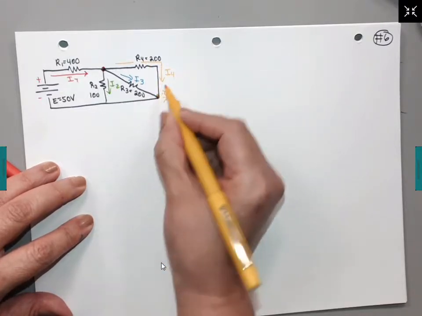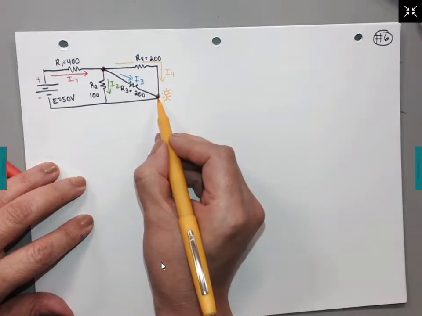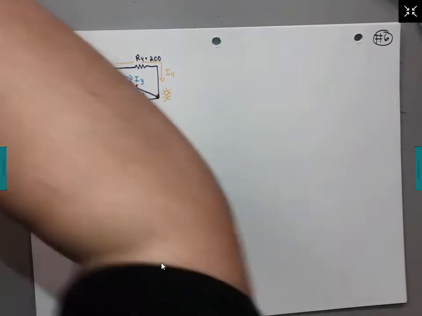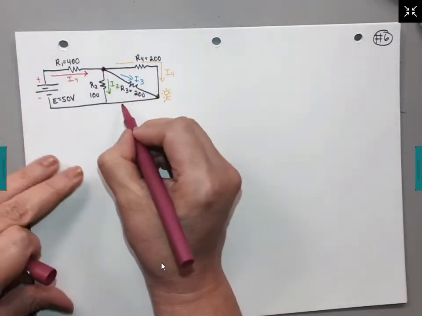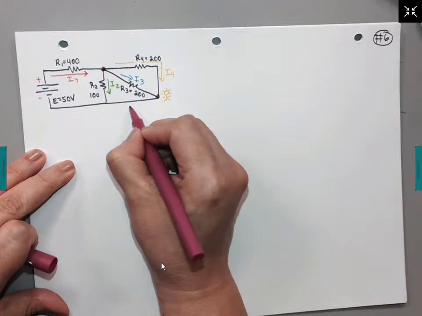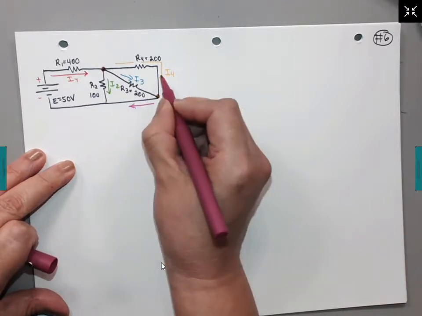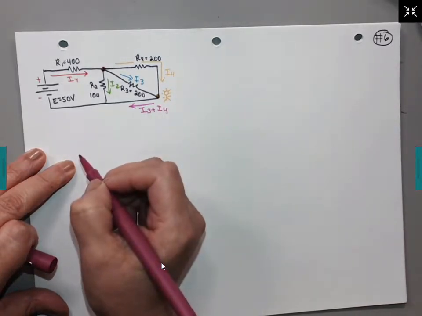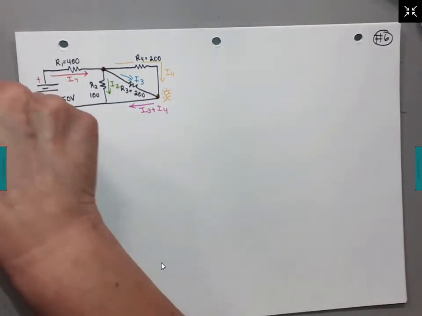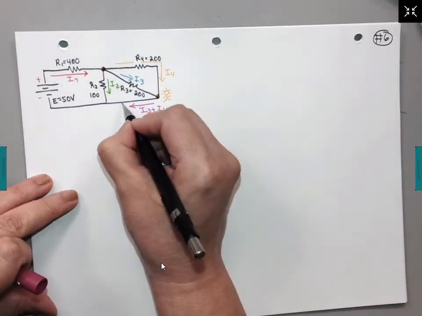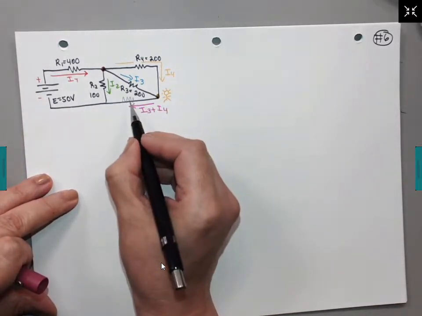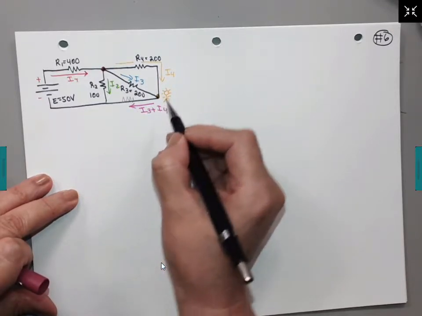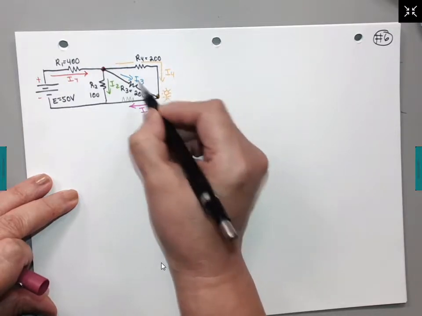If there was another resistor over here, he would be part of I4. At this point right here, I3 and I4 combined only. So watch this, guys, because this is important. If there was a resistor right here, let's pretend there was an R5 right there, the current going through that R5 would be I3 plus I4, because the currents combine here.